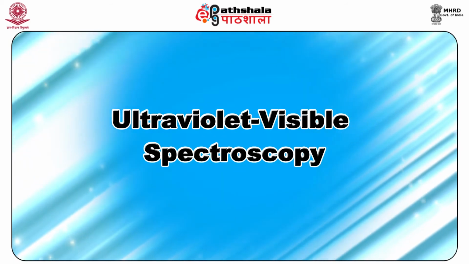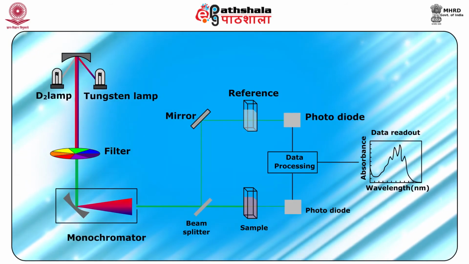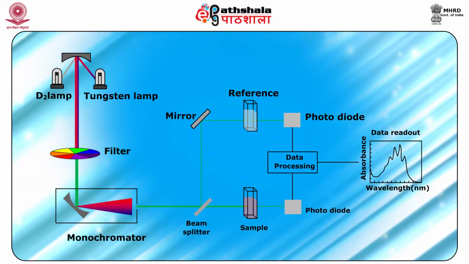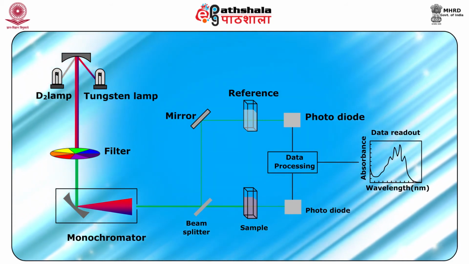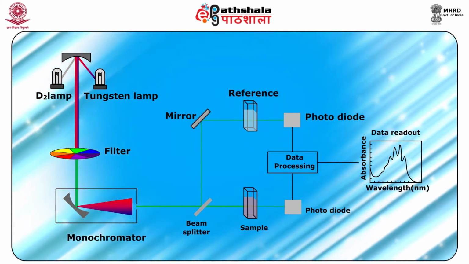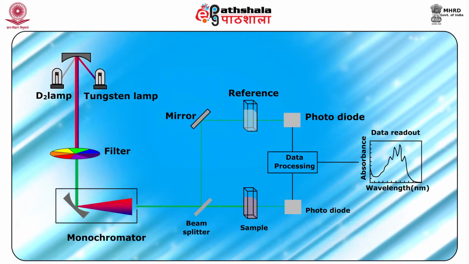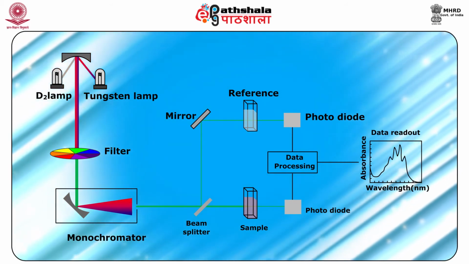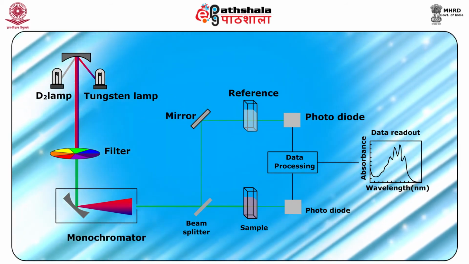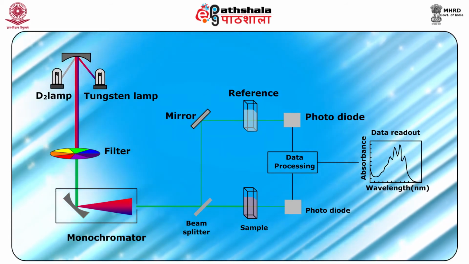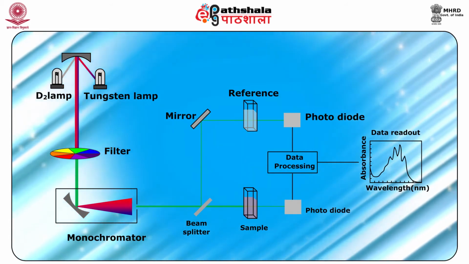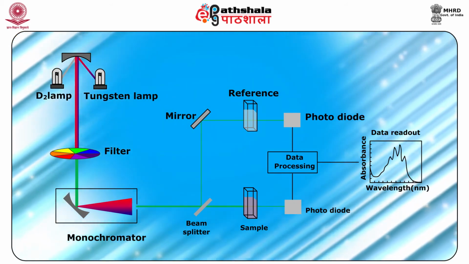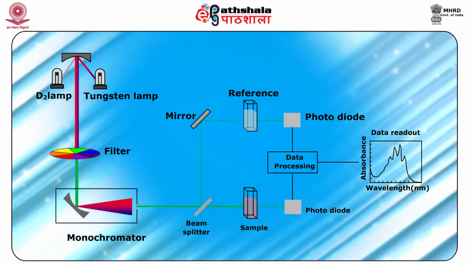Next is ultraviolet visible spectroscopy. The UV spectra of fibers, dyes and finishes may offer clues regarding the structure of the materials. Besides, they may also demonstrate the nature of electronic transitions that take place within the material when light is absorbed at various wavelengths by unsaturated groups, giving an electronically excited molecule.